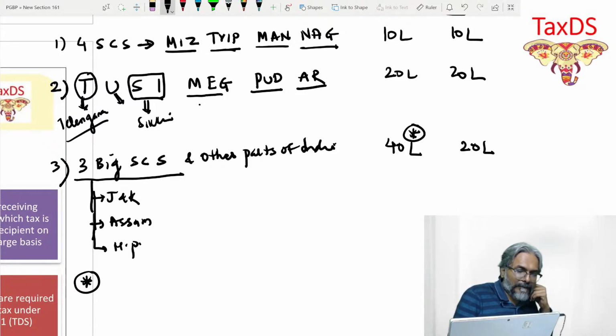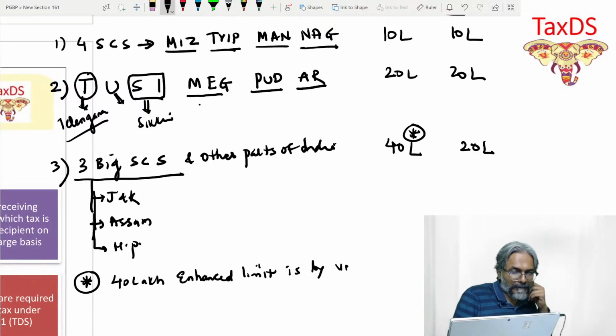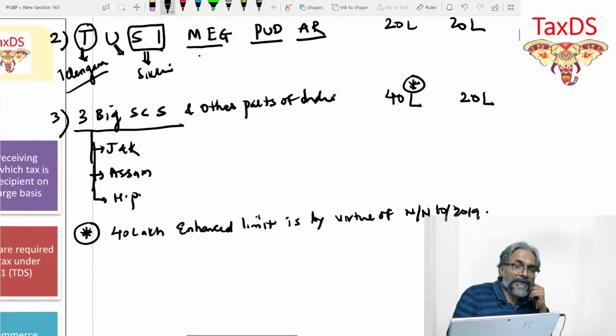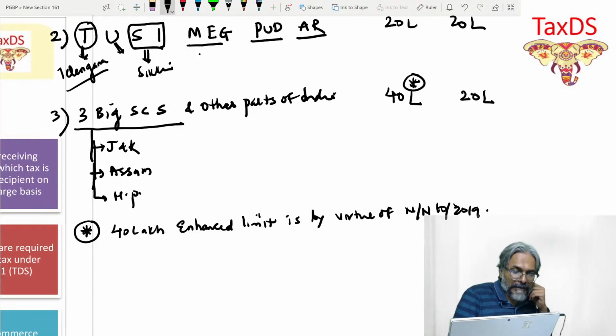This 40 lakhs enhanced limit, students, if it is possible, is by virtue of notification number 10/2019. Try to remember this notification number, students, if it is possible.